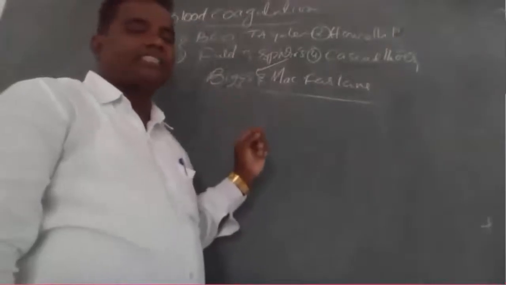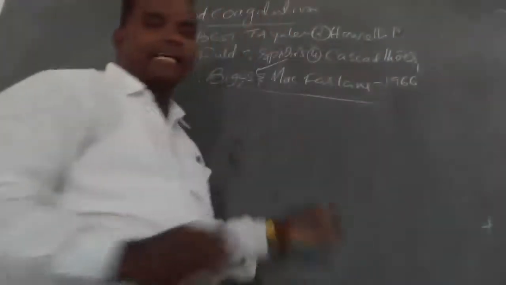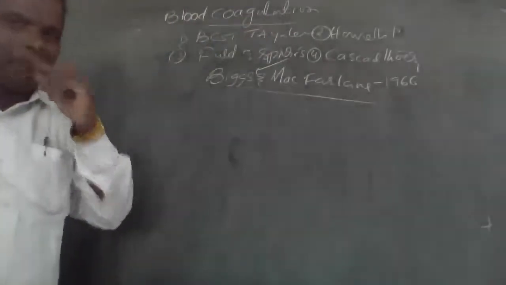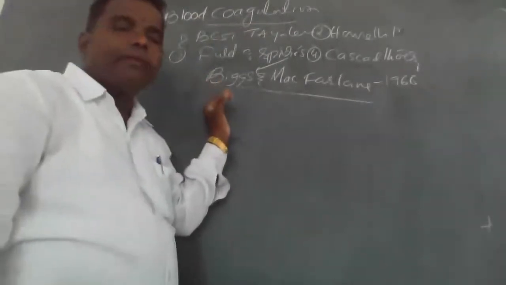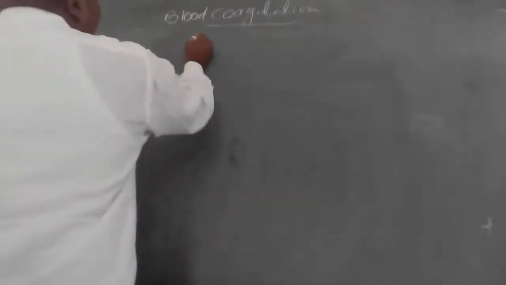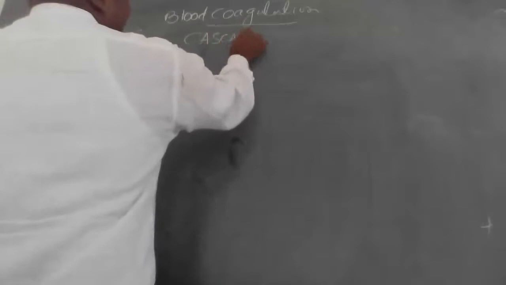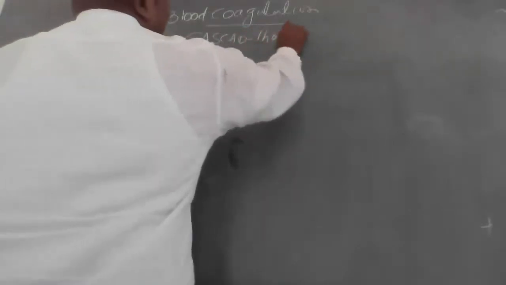So that is the fourth theory, a very important theory. That is the third mechanism, fourth mechanism. Cascade theory.